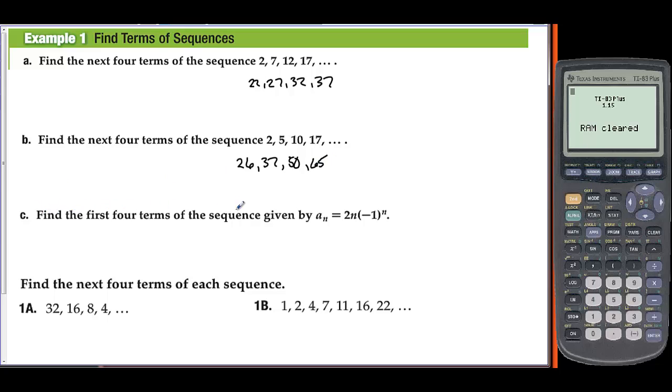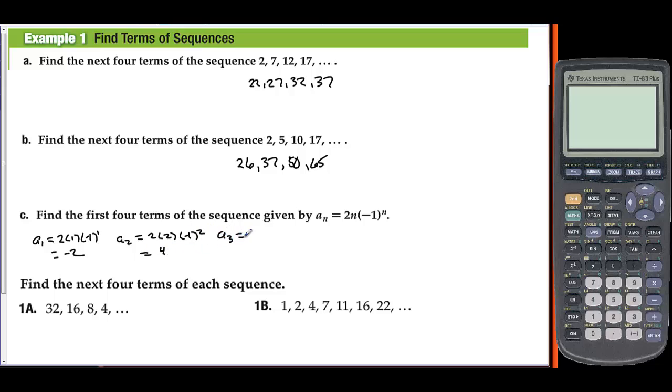Find the first 4 terms of the sequence given by this explicit formula. A sub 1 is equal to 2 times 1 times negative 1 to the first, which would be negative 2. A sub 2 is equal to 2 times 2 times negative 1 squared. That's equal to 4.